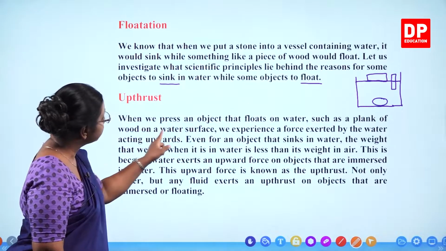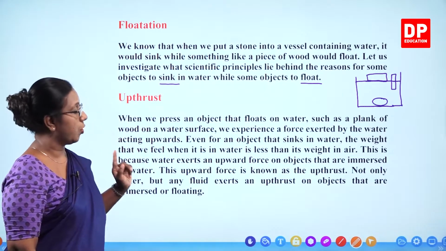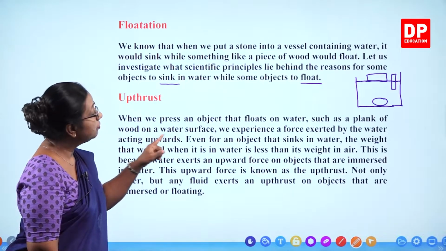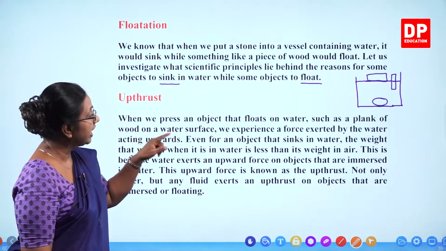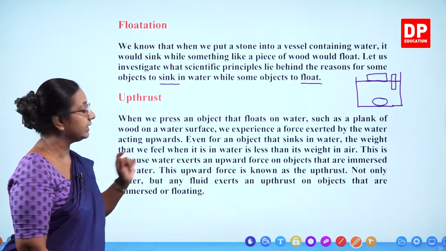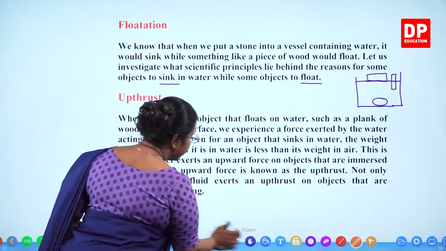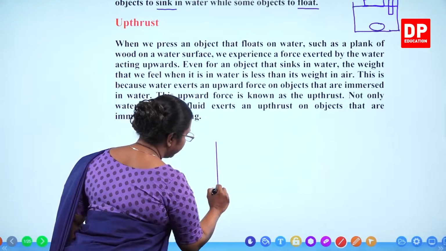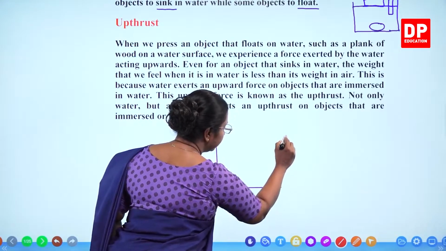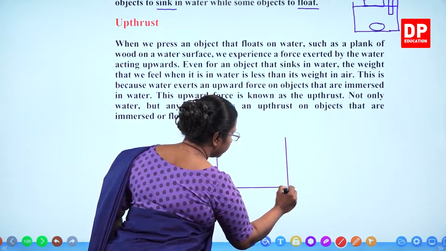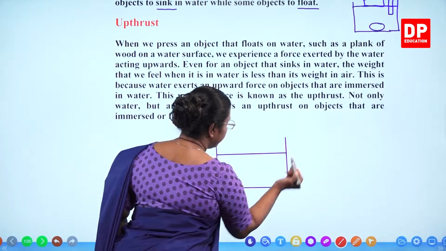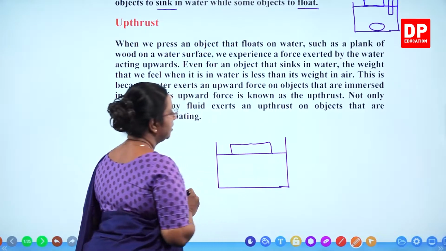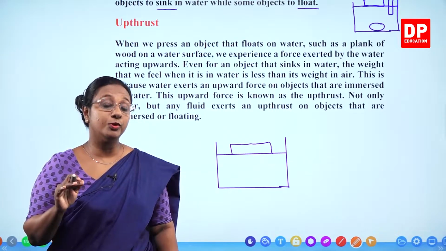So when we press an object that floats on water, such as a plank of wood on a water surface, we experience a force exerted by the water acting upwards. Now let's say there is a container with water, with a plank of wood floating on it.